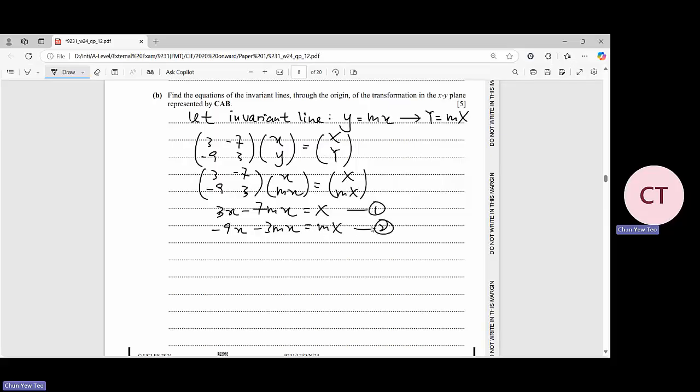Equation 1, equation 2. Take 1 divided by 2, you get 3 minus 7m over negative 9 minus 3m. Oh, this is a plus. Is equal to 1 over m. Then just do the cross multiplication. 3m minus 7m squared equals negative 9 plus 3m. 3m cancel. Therefore, your m is plus minus 3 over 7, you can write it as 3√7 over 7.